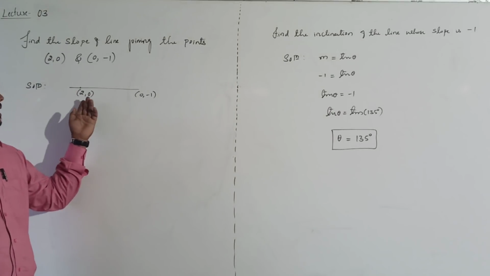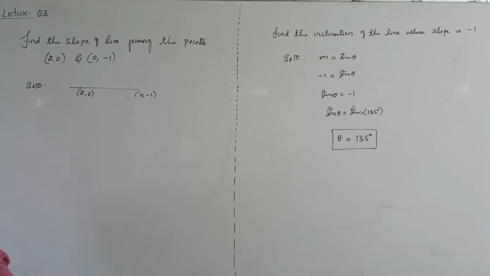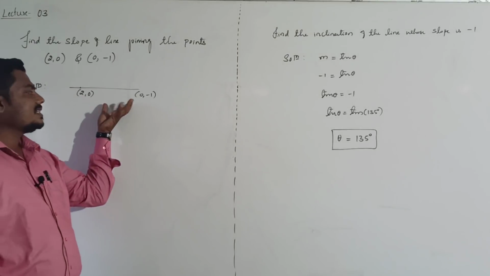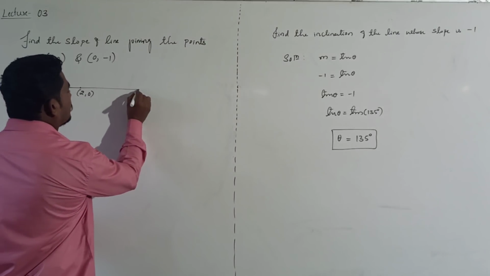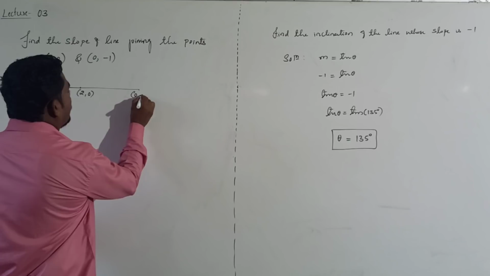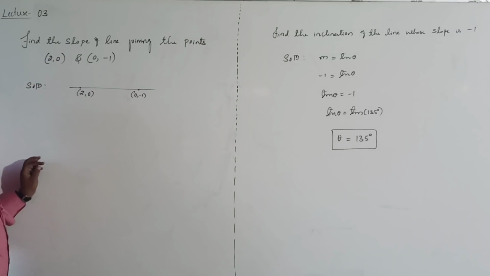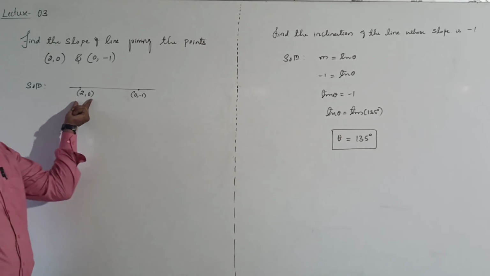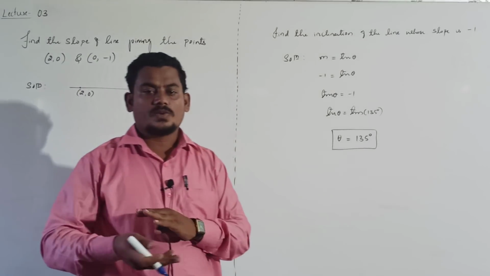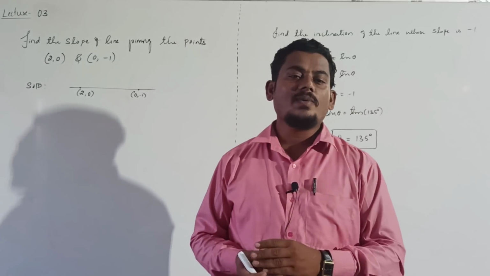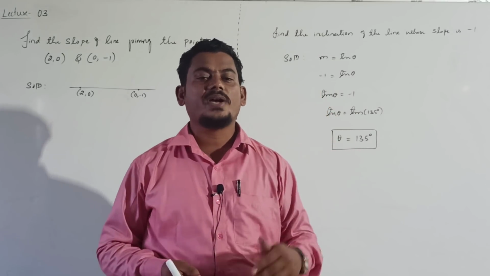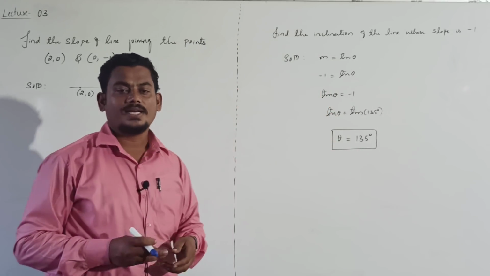Always the first point is taken as x1 y1 and the second point is x2 y2, right?